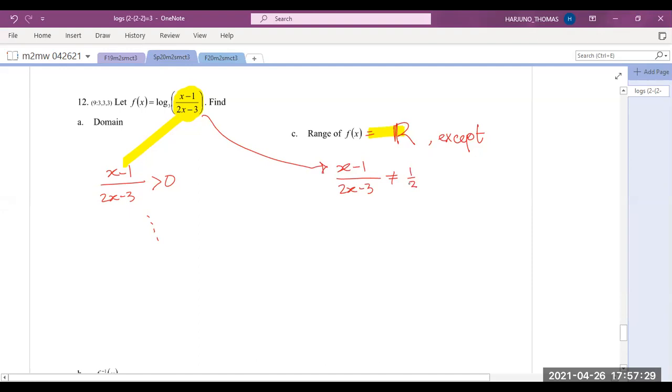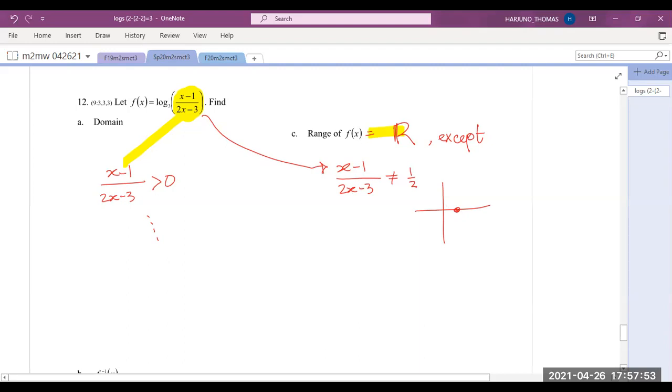Do you see that? That's the horizontal asymptote. So if the argument cannot be 1/2, the graph will look approximately like this.